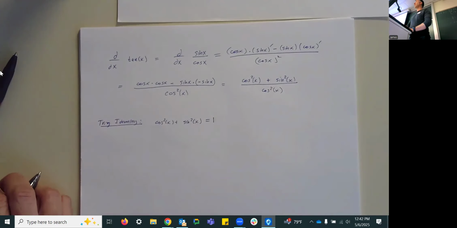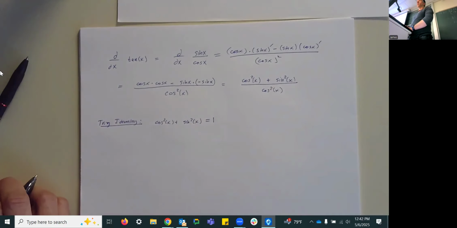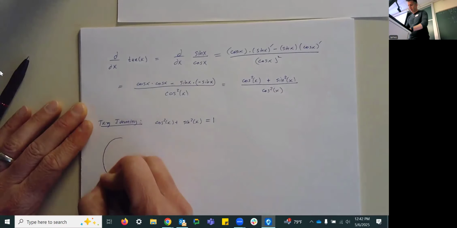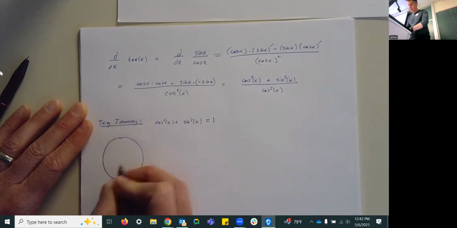This is also called a Pythagorean trig identity because it's coming from the right triangle Pythagorean theorem. Just to make sure that everyone is clear with why this identity is what it is, because I imagine many of you have seen it, but some of you might not have. This is coming from the unit circle.